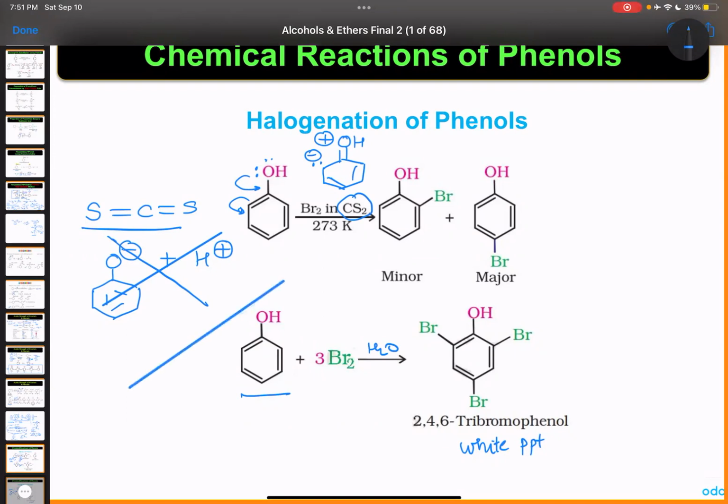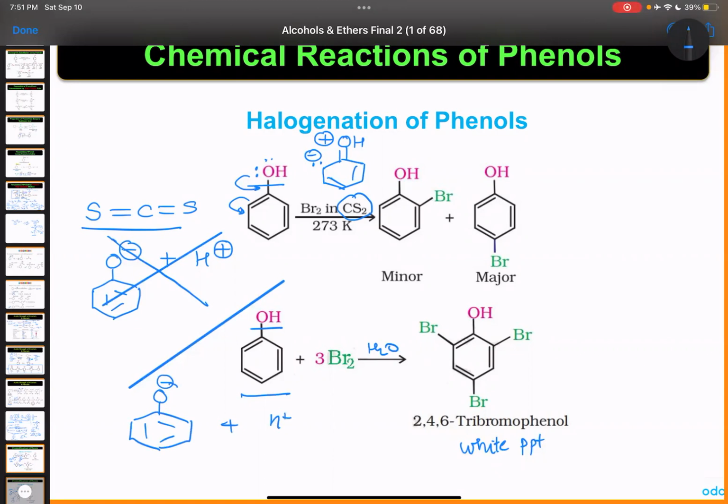So what happens over here? You have taken phenol in water. Water is a very good solvent. It is a polar solvent because it has H plus and O minus. So phenol gets ionized in this, and it forms phenoxide ion. Now look, there it was phenol only, here it is phenoxide ion. Okay, and you know this phenoxide ion is O minus, so it is very much electron rich.